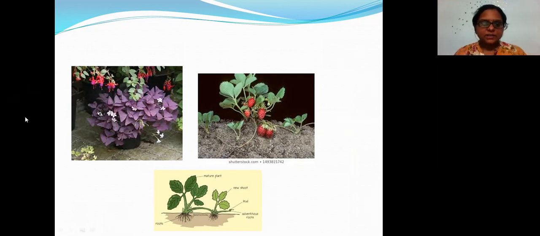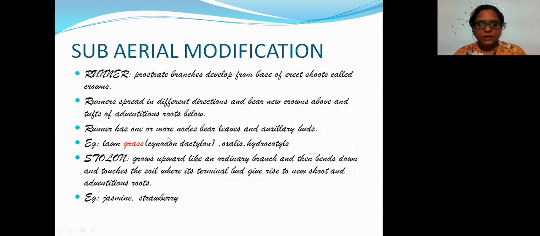This is oxalis. For lawn grass, I have not taken the diagram. Oxalis and also hydrocotyle, I have not taken. So these two, oxalis and the grass.